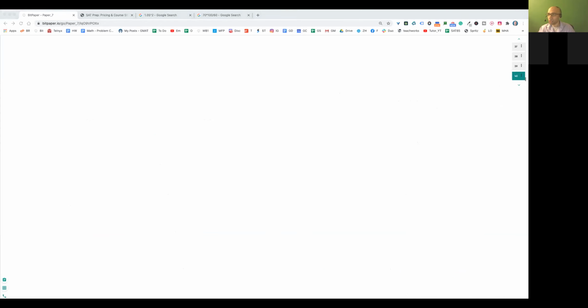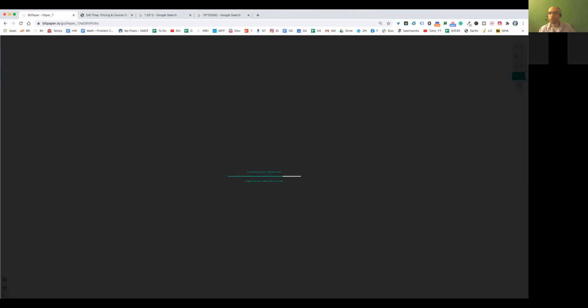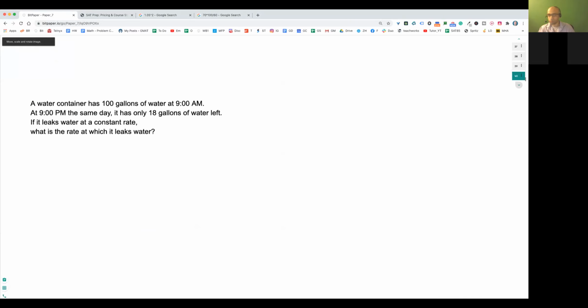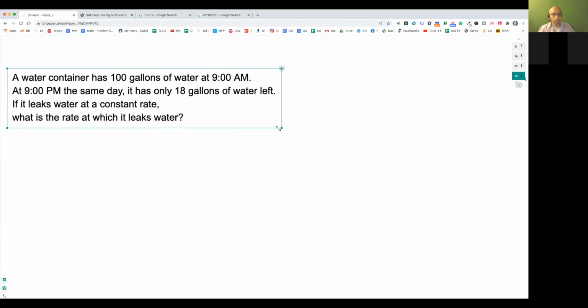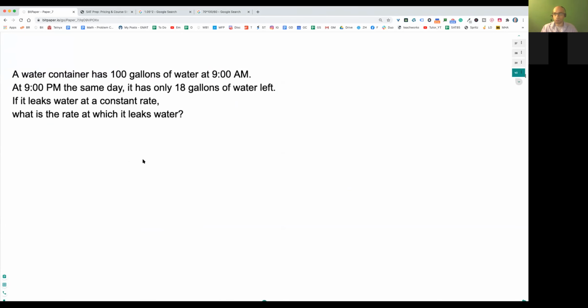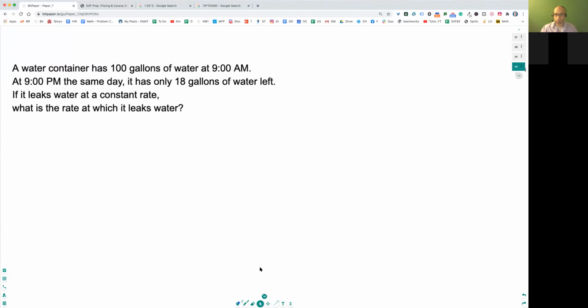Okay, so now let's move on to this part. Now this one is going to be the next step for the rates problem. Let's try to understand what's going on here. Now over here you've got a water container that contains 100 gallons of water. And this actually should be 28.